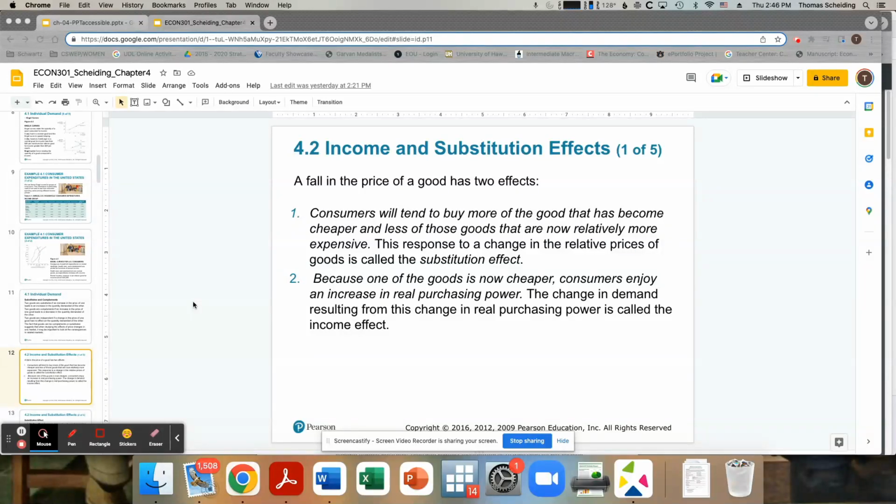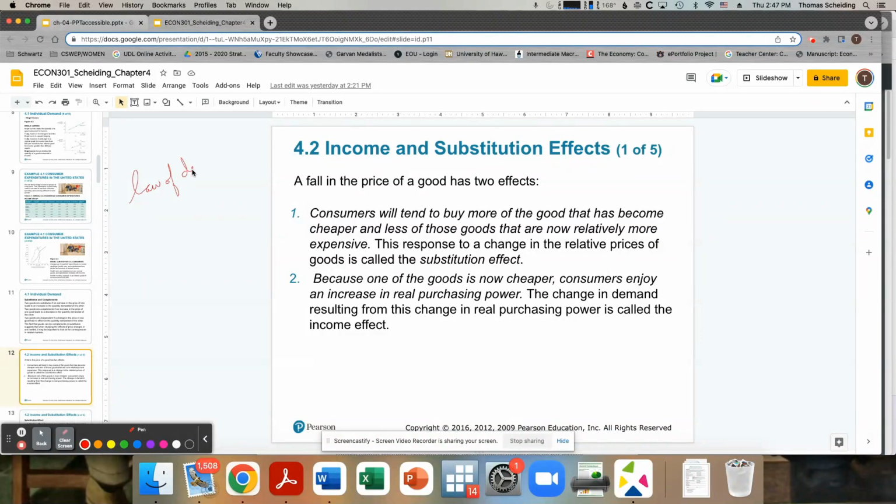Okay, so here to start off part two, we're basically looking at what happens when the price falls. What we know already, if we think back to Econ 130, is that we've got the law of demand, which basically just told us that when the price falls, it leads to an increase in the quantity demanded, or a movement along the curve.